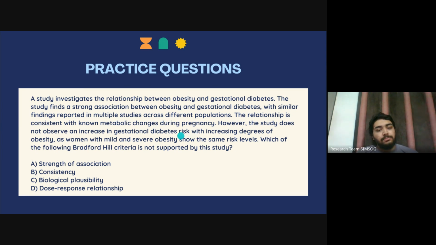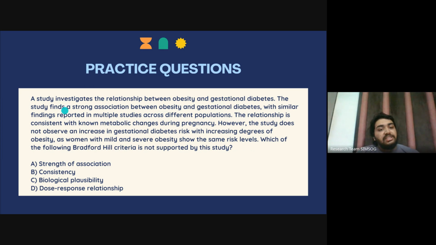However, the study does not observe an increase in GDM risk with increasing degrees of obesity, as women with mild and severe obesity show the same risk levels. Which criterion is not supported by this study? Okay, so we can go one by one. There are a number of Bradford Hill criteria which it adheres to, so we can go one by one.